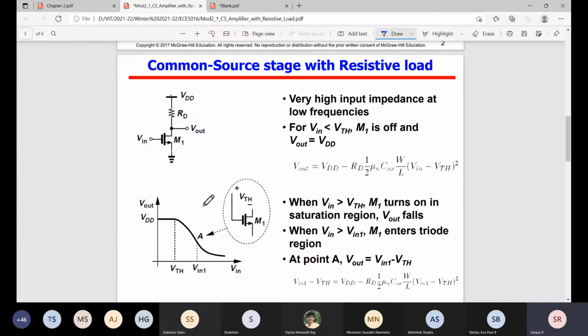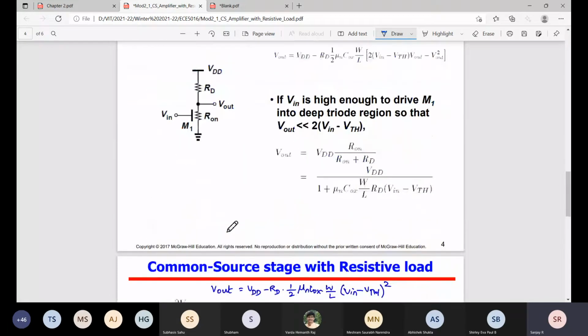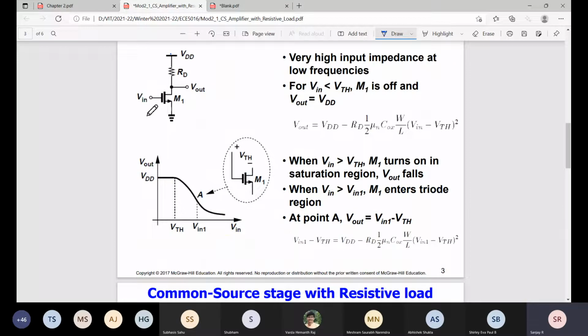Before going to the small signal modeling to derive the gain, first we'll do the large signal analysis. That means applying different inputs and analyzing the operating region, like triode, saturation, then cutoff. Then we decide which region we need to operate in. From the large signal equation we will derive the gain expression, then we'll go to the small signal model.